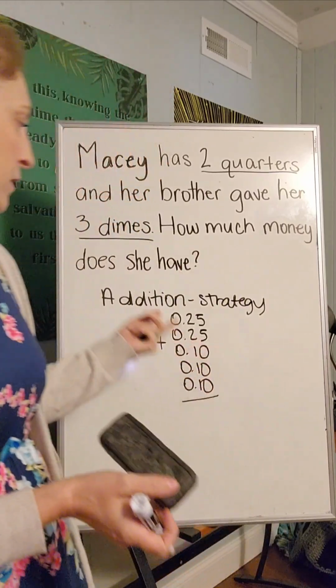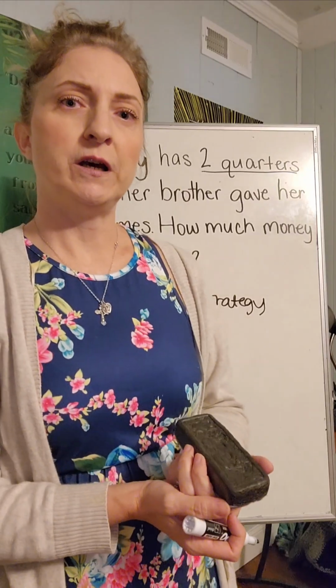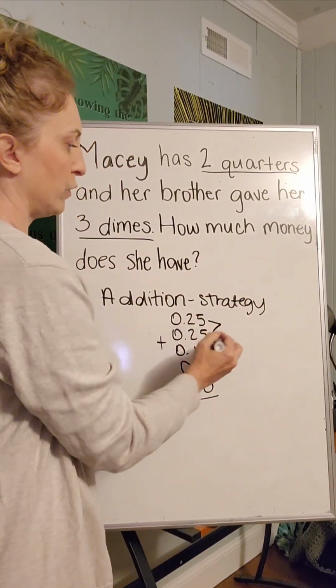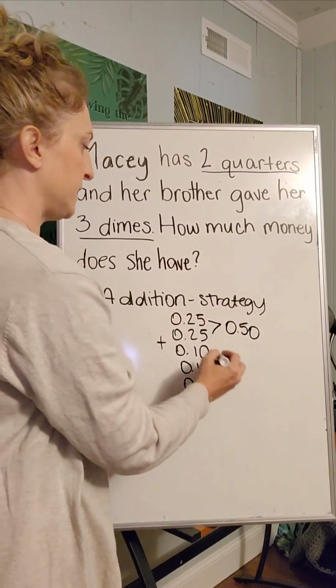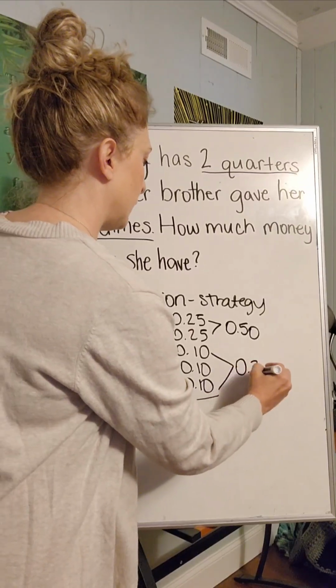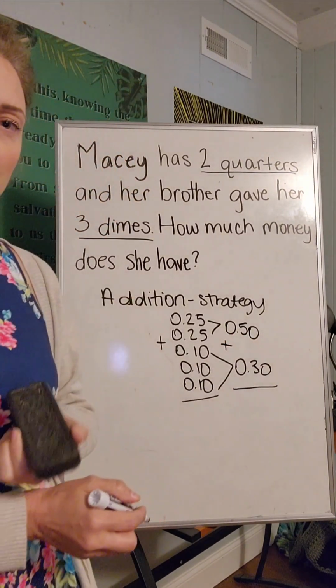We could list out every coin individually like this, or we could say, well, what do we know? If we have 2 quarters, we know that makes 50 cents. And if we have 3 dimes, we know that's 30 cents. Then we could do our addition that way.